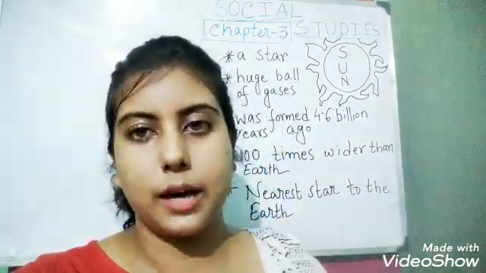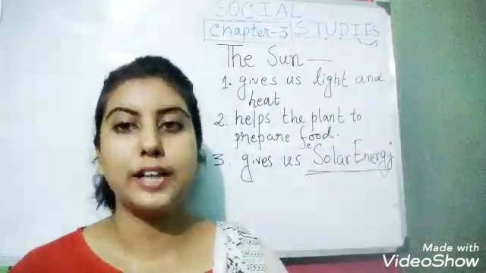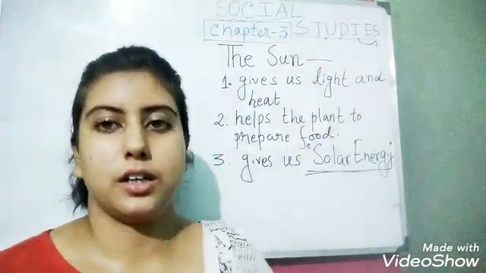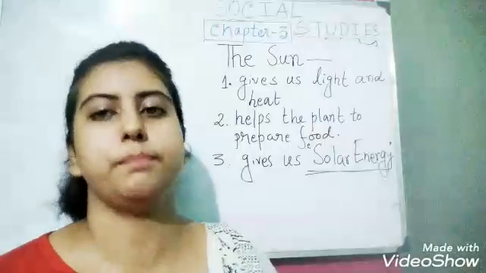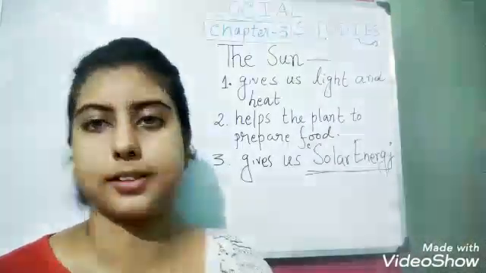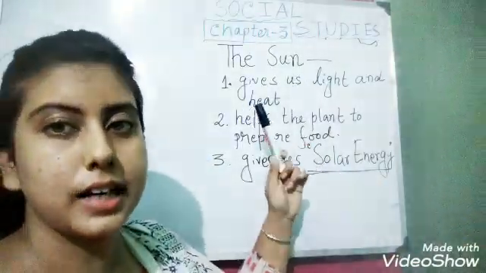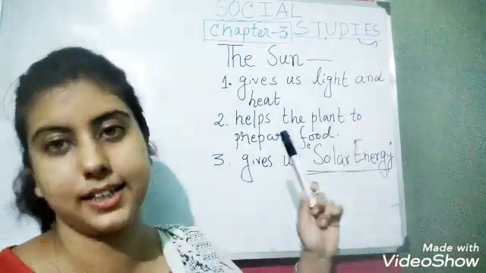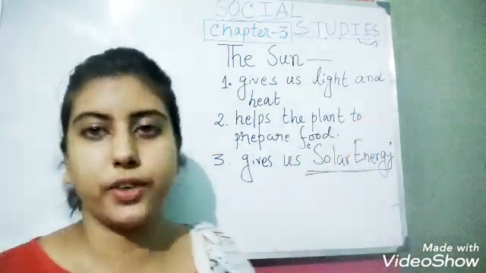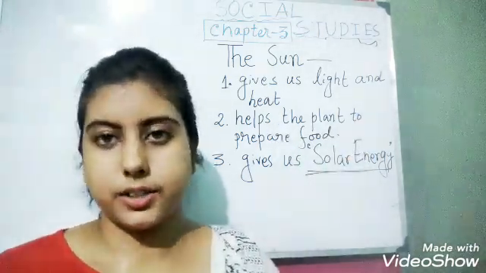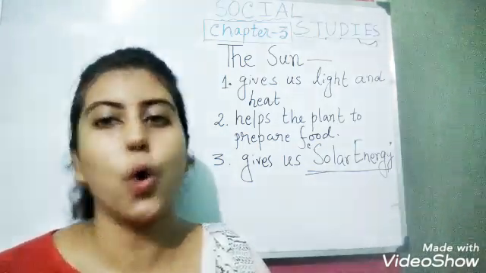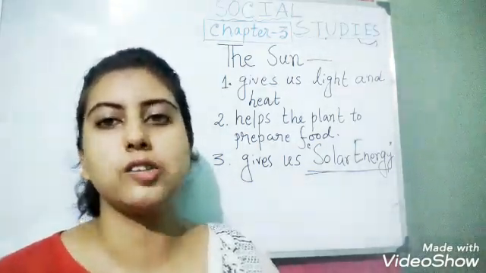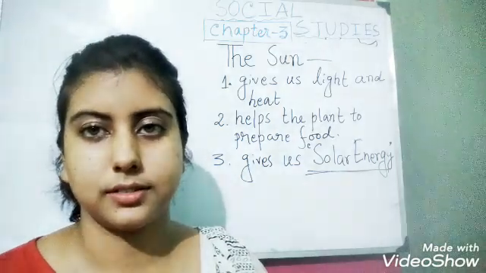Let's look at them again. So let's recap why the Sun is so important for us. The Sun gives us light and heat. Children, our Earth is the home to all kinds of life.